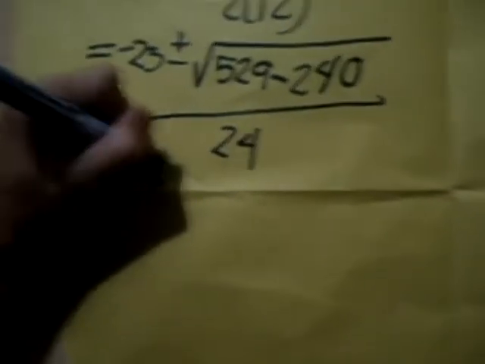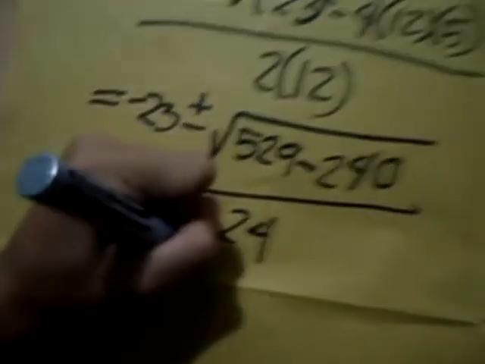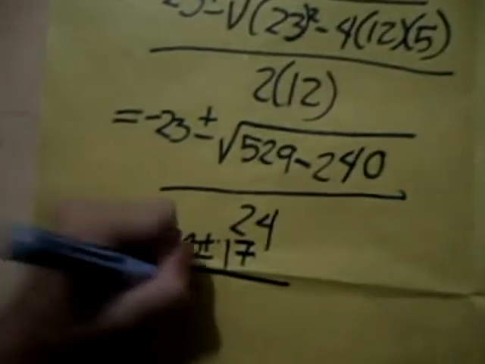Next step is negative 23 plus or minus 17, all over 24.